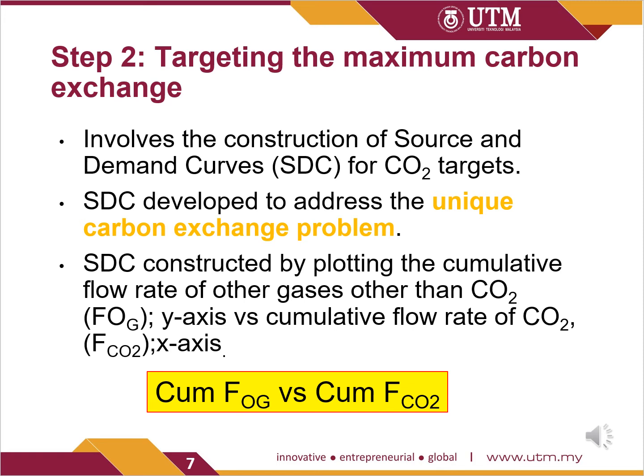For example, a flue gas stream can consist of CO2 and a larger percentage of various other gases such as nitrogen, nitrogen oxide, and others. For CO2 targets, using the conventional plot of primary gas flow rate versus the mass load of contaminants yields the minimum flue gas emissions target instead of the minimum carbon emission target.